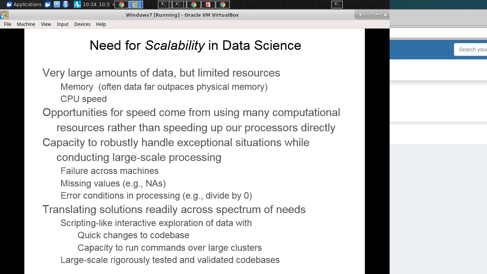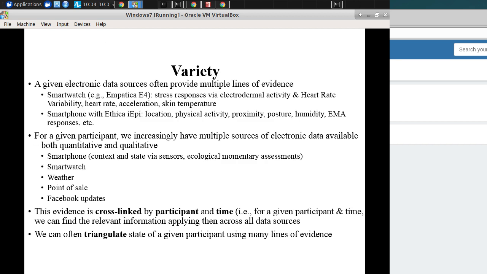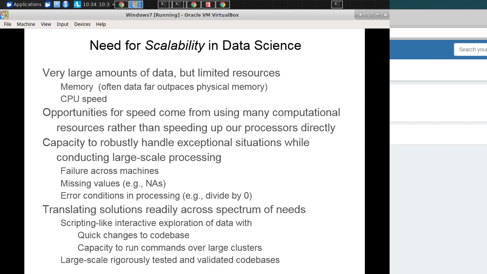Now, data science exhibits not just intriguing analysis potential, but it exhibits needs that challenge traditional software engineering paradigms.